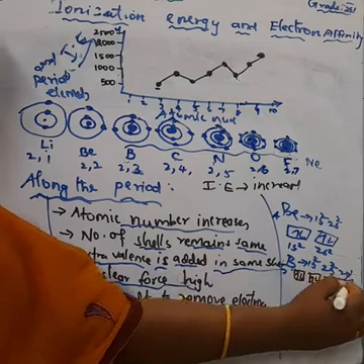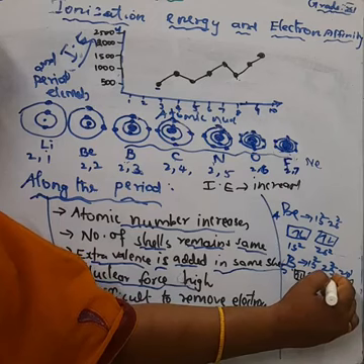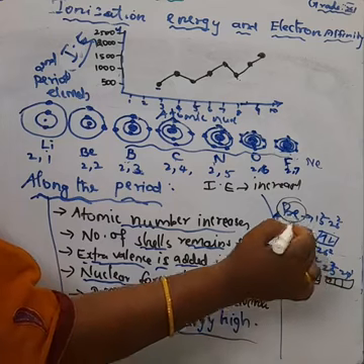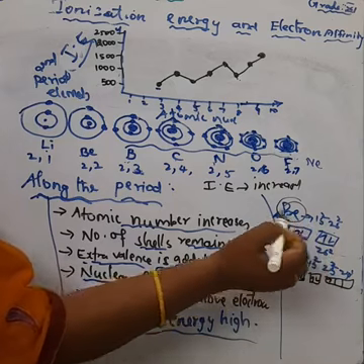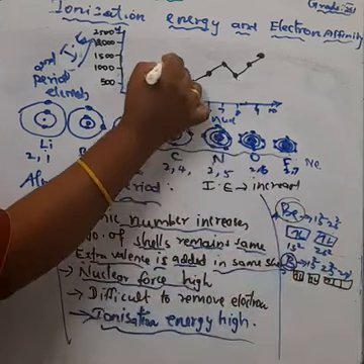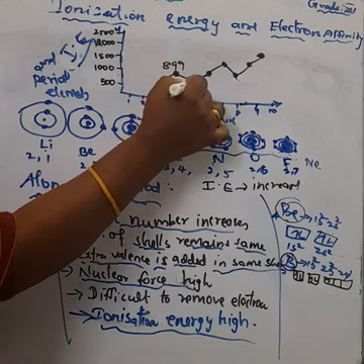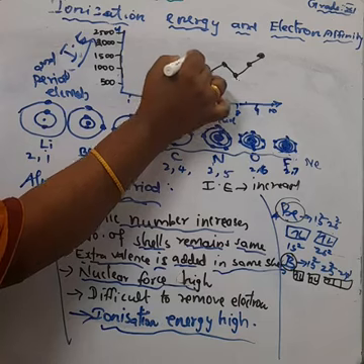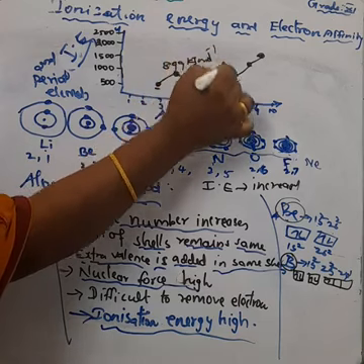When we compare beryllium and boron, the ionization energy for beryllium is 899 kilojoule per mole, but for boron it is 800 kilojoule per mole.